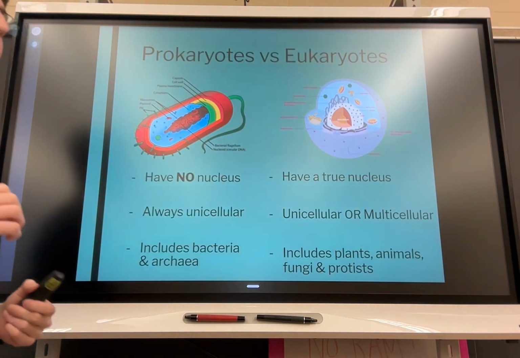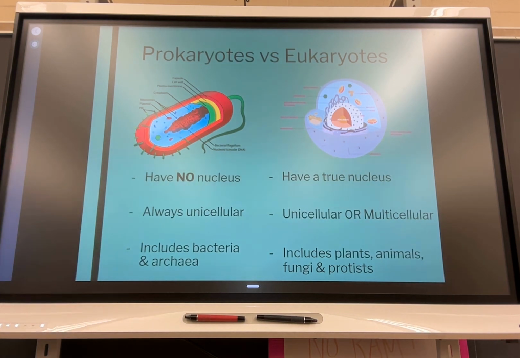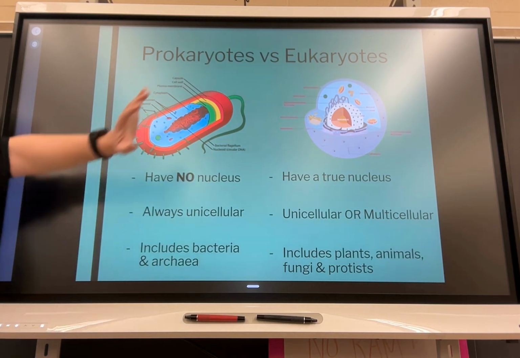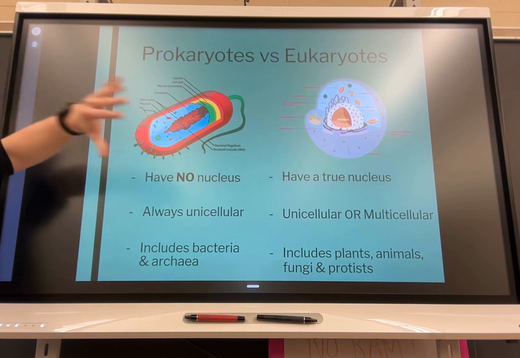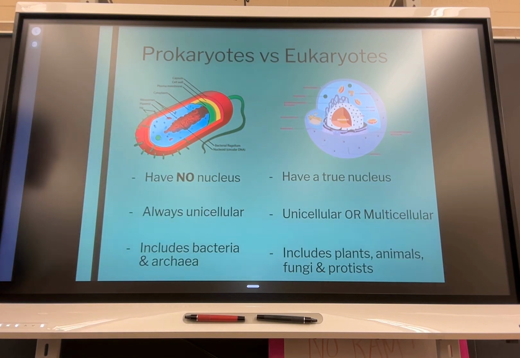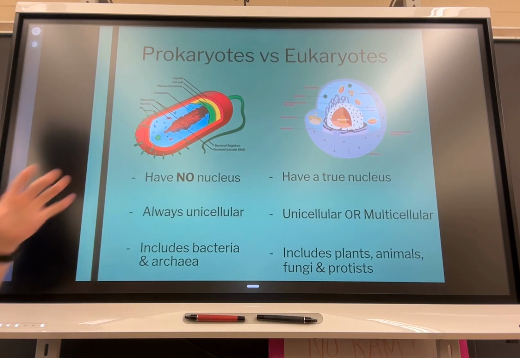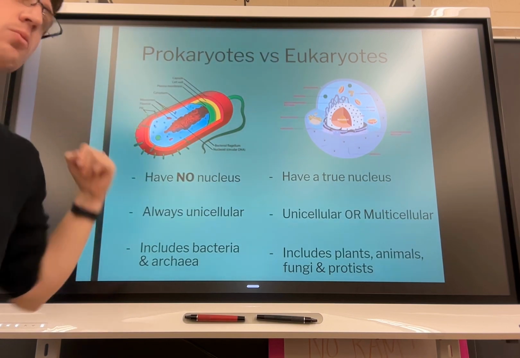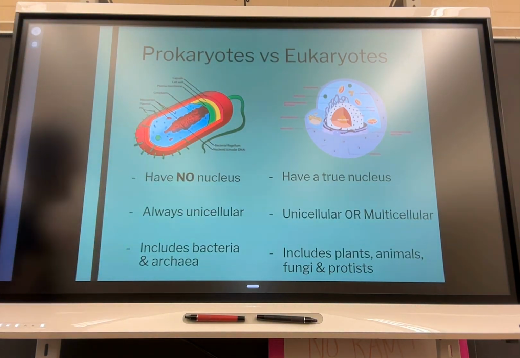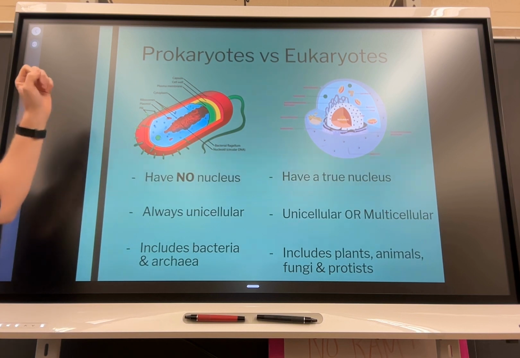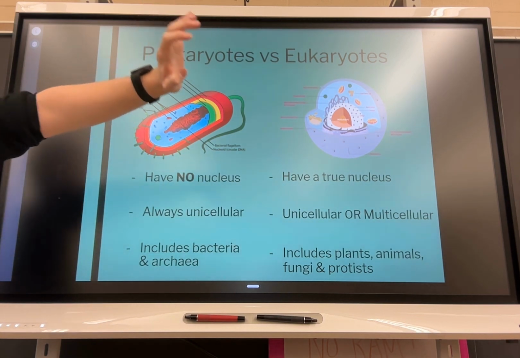So the last thing we're going to talk about is we're going to look a little bit into cells. We will go in further. We'll have an entire unit devoted to cells and cell parts, but I want to at least preface, because these are 2 other things that will be repeated a lot throughout the semester. That's the difference between prokaryotes and eukaryotes.